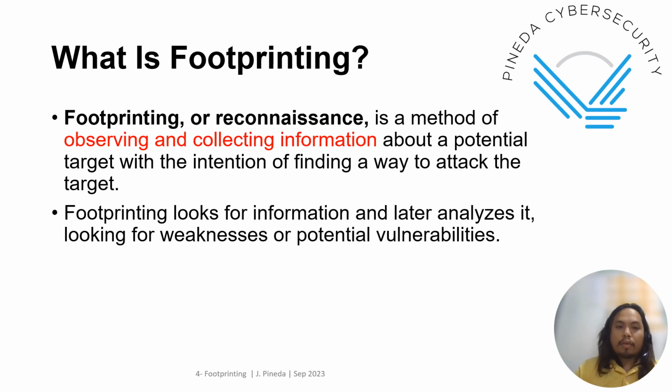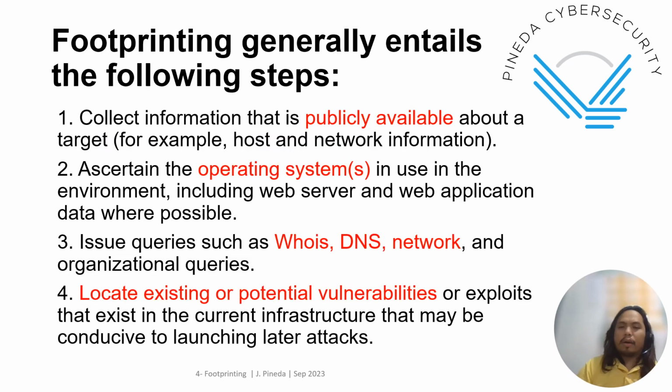So, how do you do footprinting? You can collect publicly available information through searches in the different search engines, and going directly to the website of the target, getting information through reviews and other online sources.